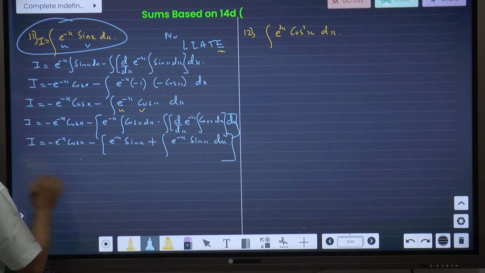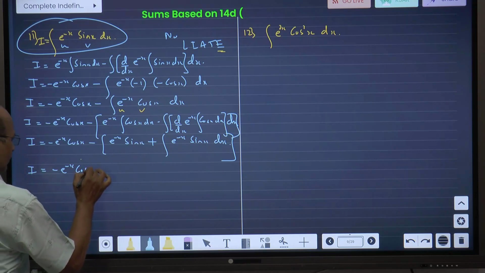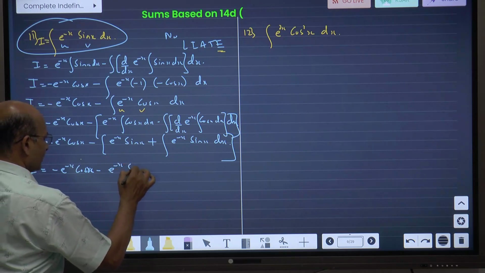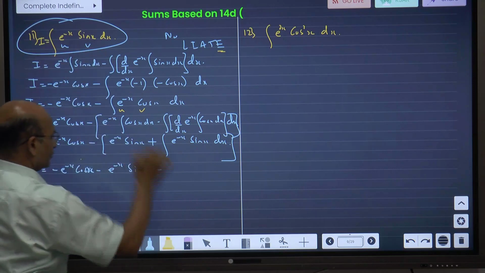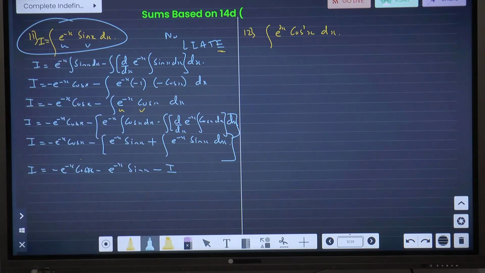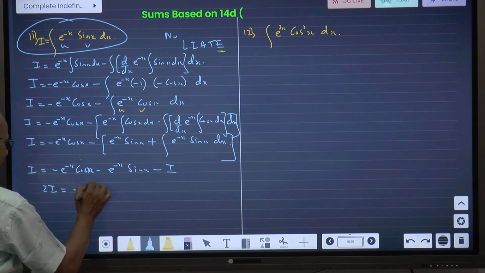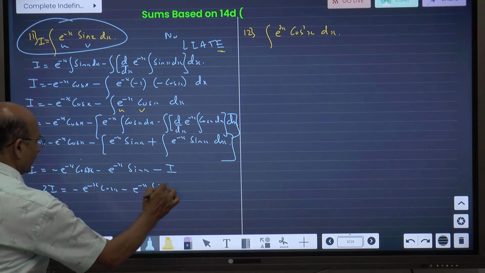So what happens now? Let me put it there. Minus e raised to minus x cos x minus, now be careful, this is e raised to minus x sin x. Now minus or plus is minus, but this is nothing but I. So that's what my idea is, to find the value of I. So minus I will become 2I is equal to minus e minus x cos x minus e raised to minus x sin x.